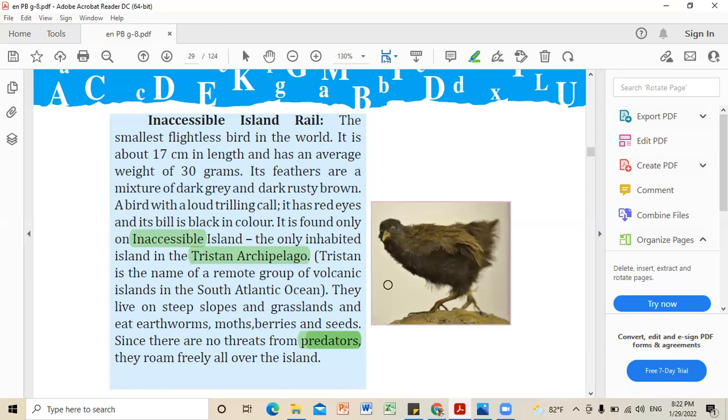So this is the bird, and I do not know actually what the Sinhala name for this bird is. Since this bird is not actually in Sri Lanka, I do not know what name is used for it. I searched quite a lot but could not find any mention anywhere. So what it means here is inaccessible island rail, right?